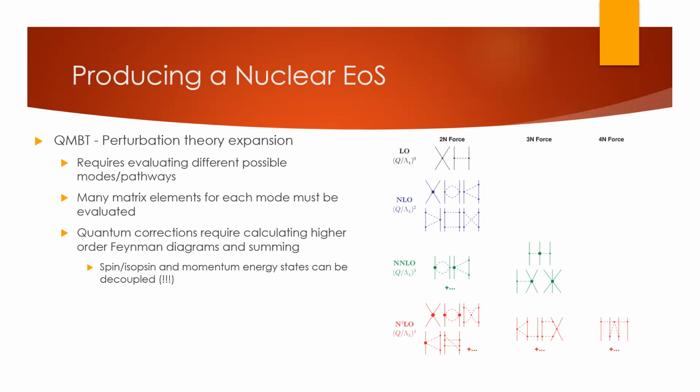This is not actually necessary, as those sums can be decoupled, and the spin and isospin sums can be done analytically first, simplifying the whole thing, though this is quite a tedious process to do by hand.